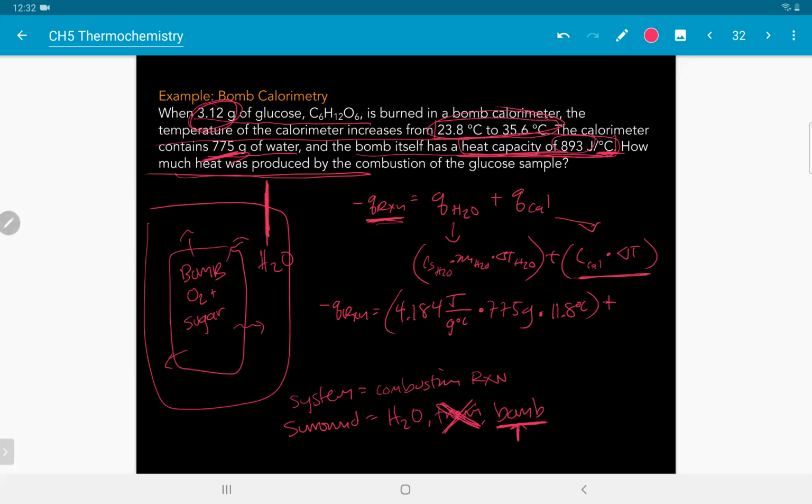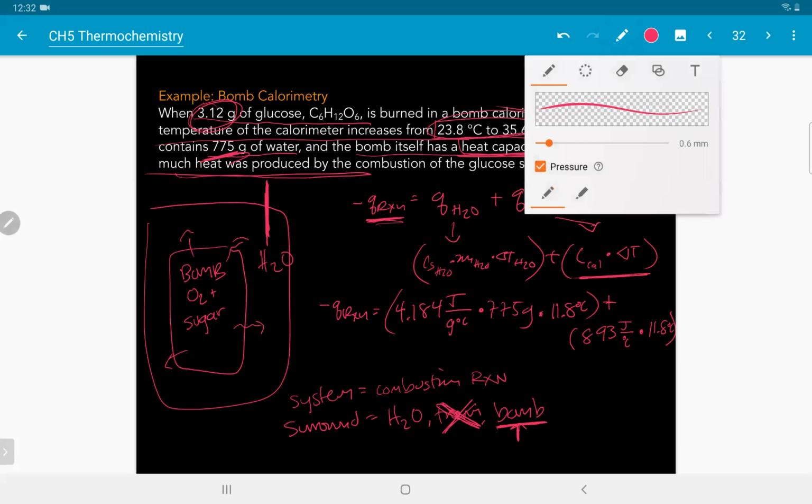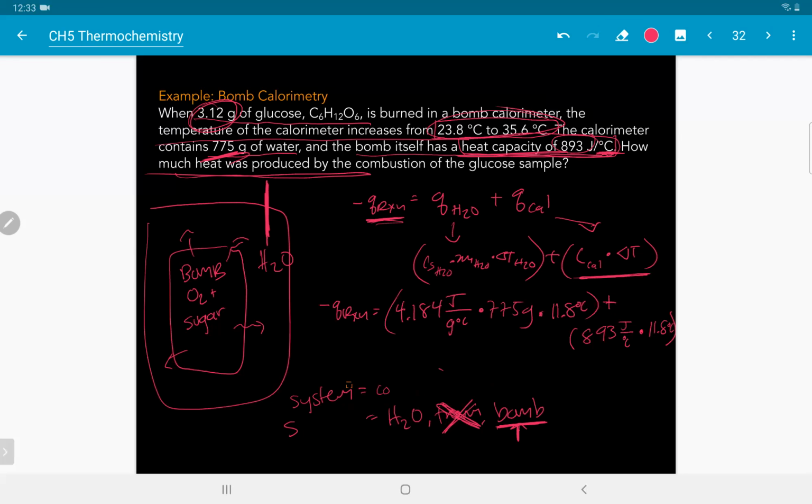Plus, now I've got to do my Q cal from the calorimeter. So plus 893 joules per degree Celsius times the change in temperature, which is 11.8 degrees Celsius.